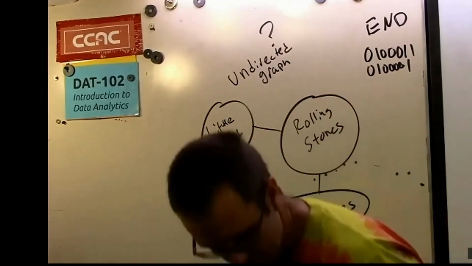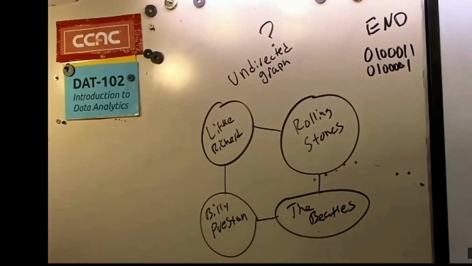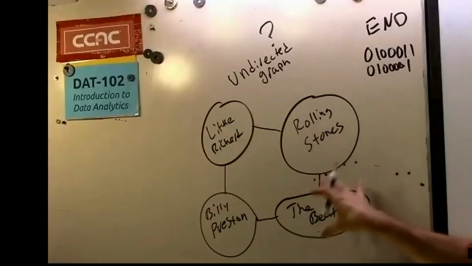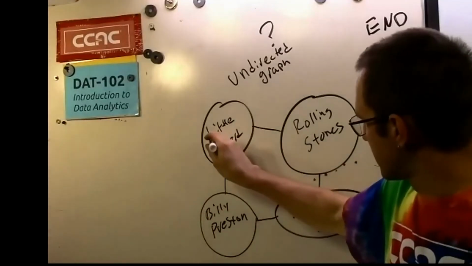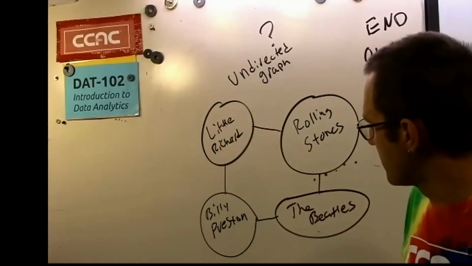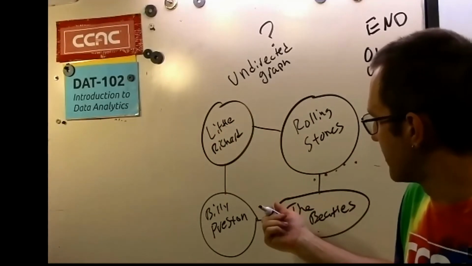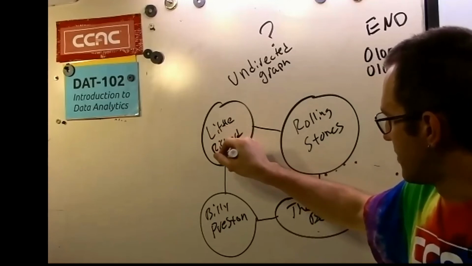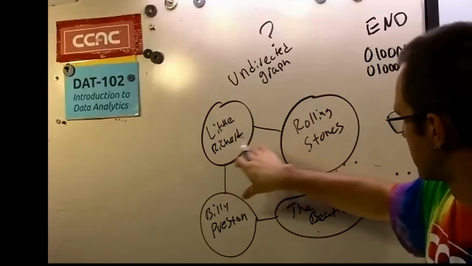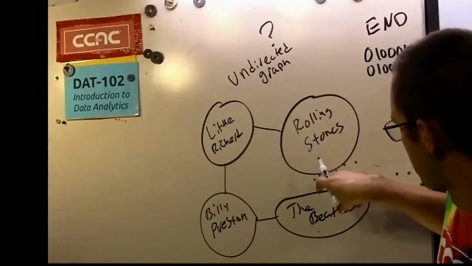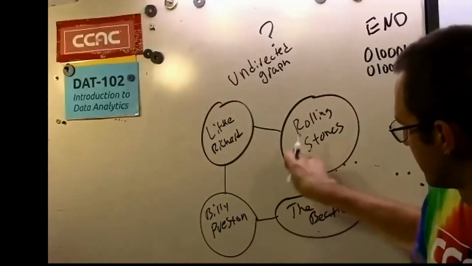So let's turn this into something closer to binary. Well, we have to preserve the structure, so we've got to do something more than just translating each letter into a binary value, because we're trying to show that Little Richard is connected to the Stones, but I did not find a connection here.